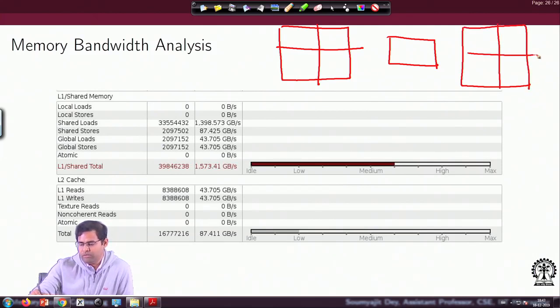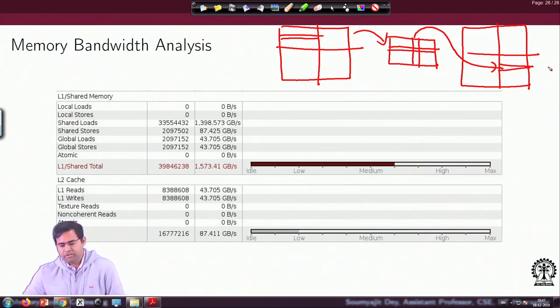From one input block, one row, you are writing here row wise, and then you are loading the data from the tile column wise and writing in the flipped block location row wise. So, these loads from the shared memory are not coalesced, and that would create bank conflicts in the shared memory.